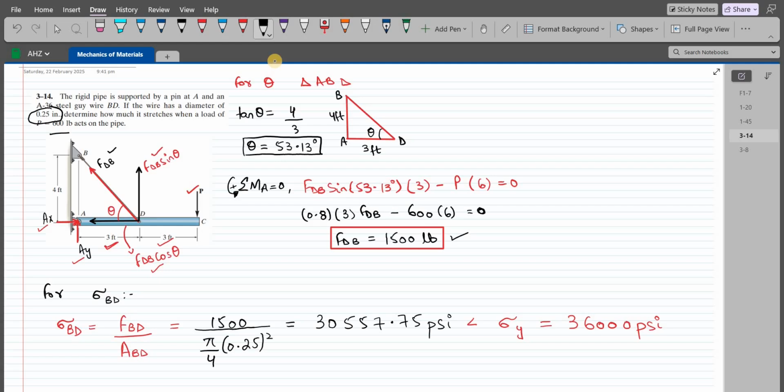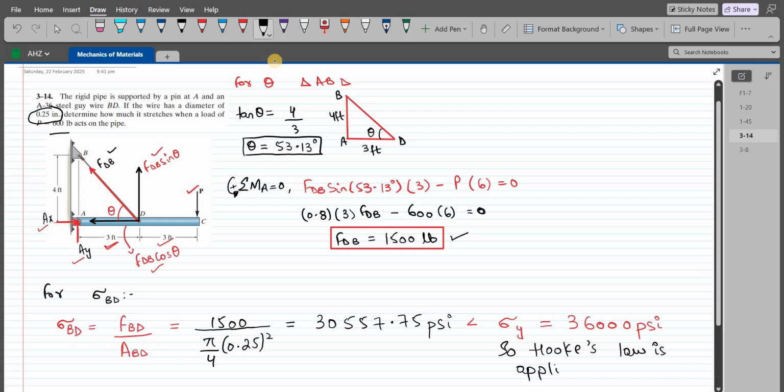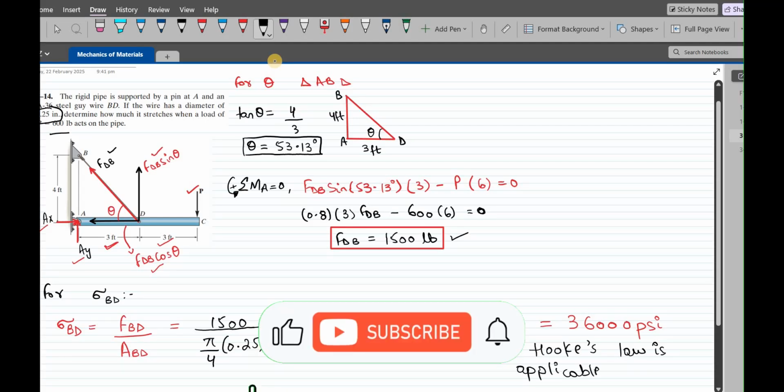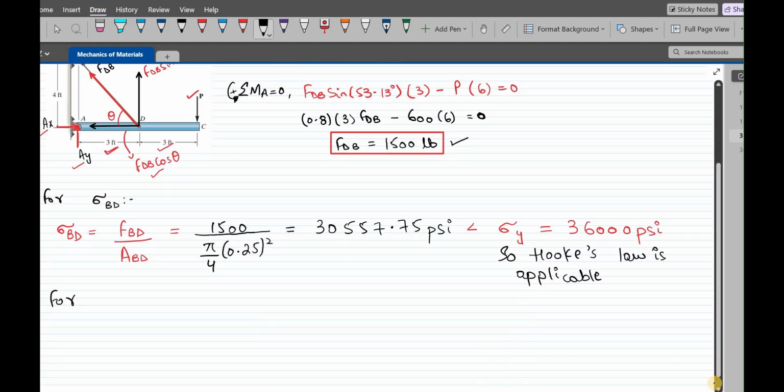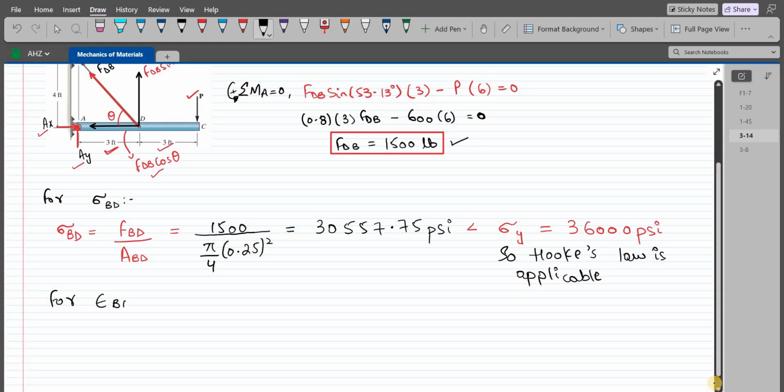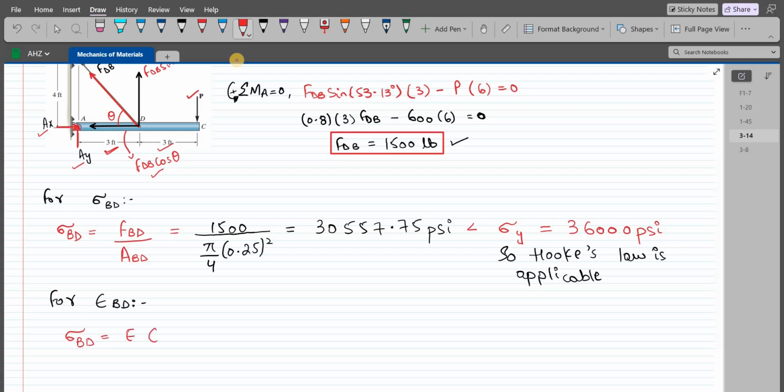So Hooke's law is applicable. For average normal strain, if we use Hooke's law, we would have average normal stress BD equal to the Young's modulus times the average normal strain BD.